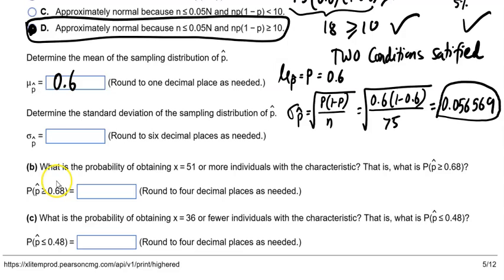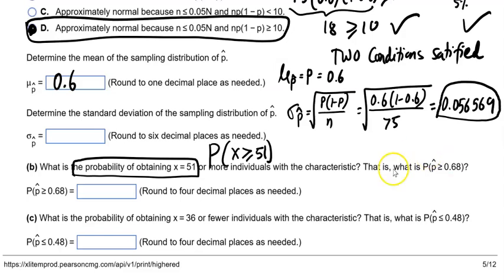So next question is, what's the probability of obtaining 51 or more individuals with the characteristics? That is, what is p hat greater than or equal to 0.68? It's basically asking you the probability of obtaining 51 or more. This is basically saying P of x greater than or equal to 51.